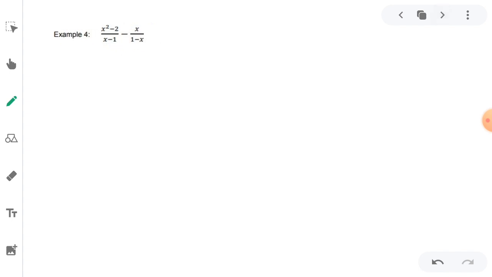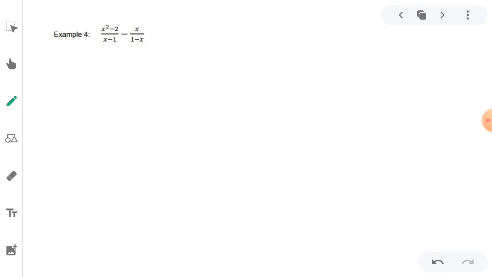So next example number 4. So paano naman itong example number 4? X squared minus 2 over x minus 1 minus x over 1 minus x. So kung napapansin natin, yung denominator nila is magkaiba. So how are we going to make it similar?